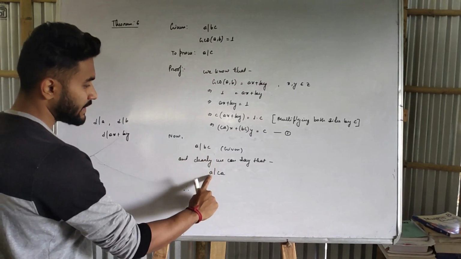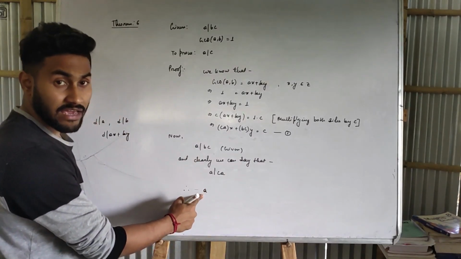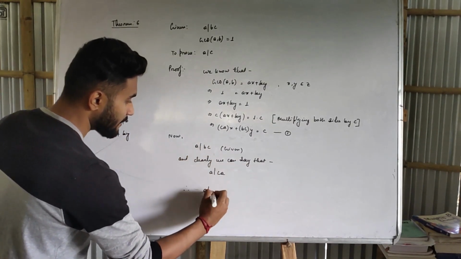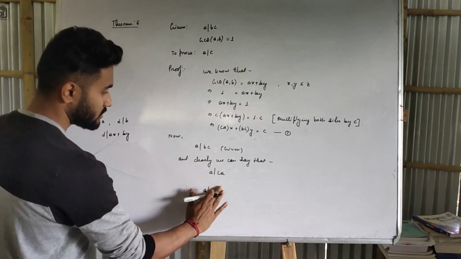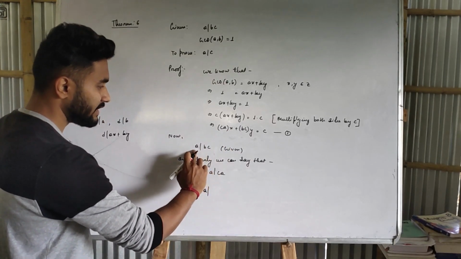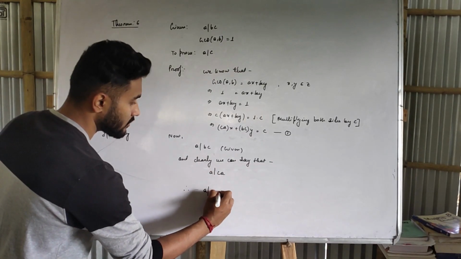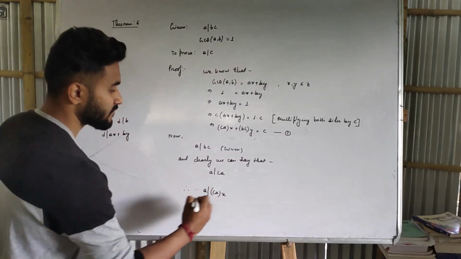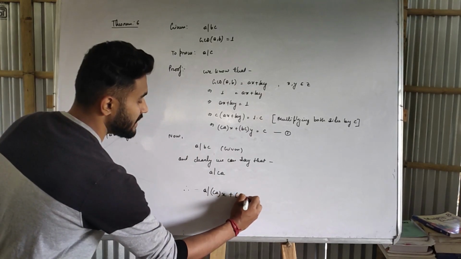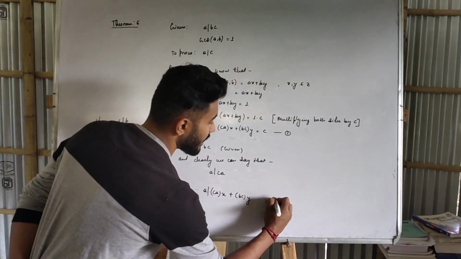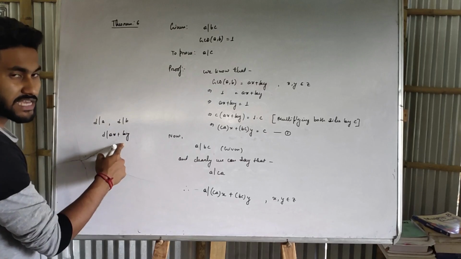Here D is A, so A divides CAX, and A divides BCY, where X and Y belong to integers. Understood? D divides A, D divides B, so D divides AX plus BY.